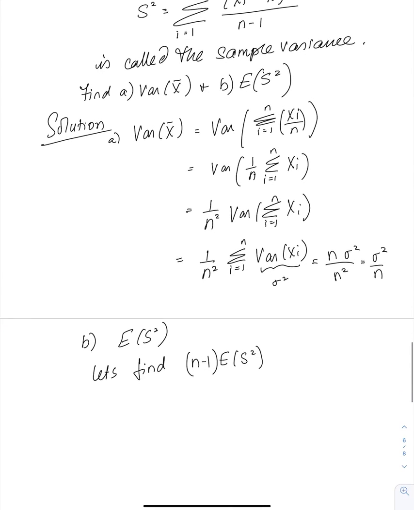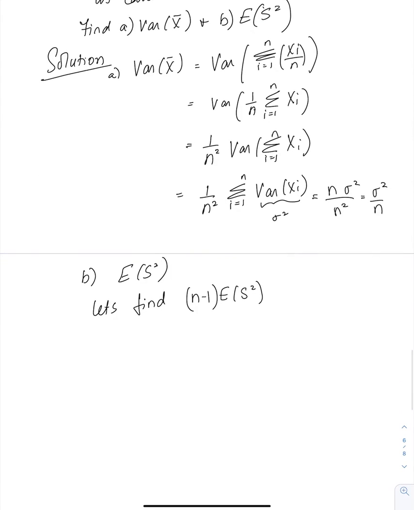All right, so we look for n minus 1 times the expectation of s squared. First let's look at the term without the expectation: n minus 1 times s squared. What is it?